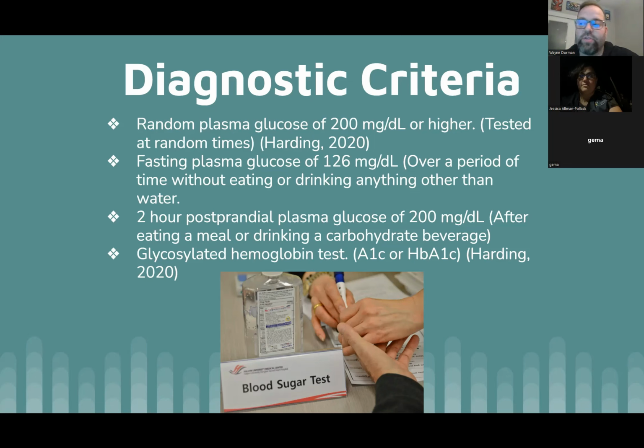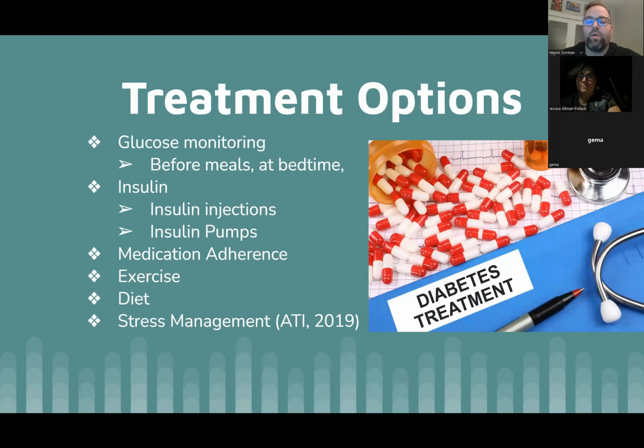Your red blood cells have a life cycle of about 120 days, and they can measure how saturated your hemoglobin is with sugar, and it tells you where you're at in terms of average blood sugar over about 120 days. Very important in not only the management of type 2 diabetes, but also diagnosis.